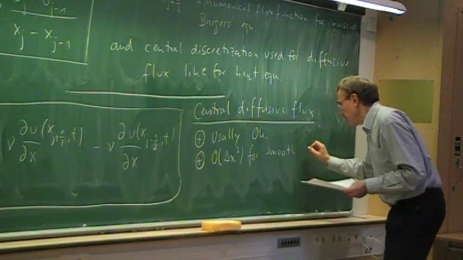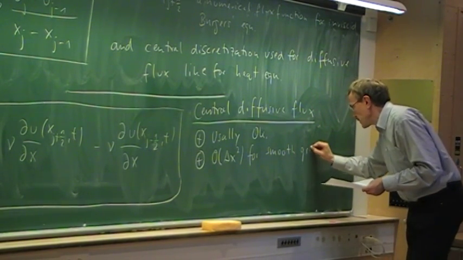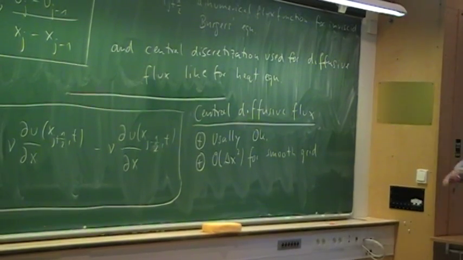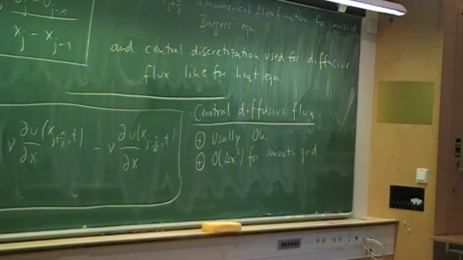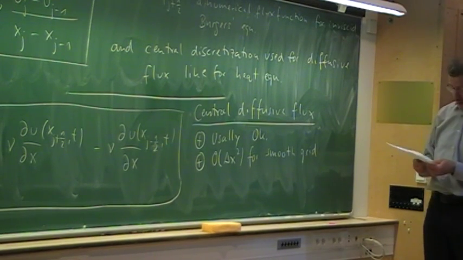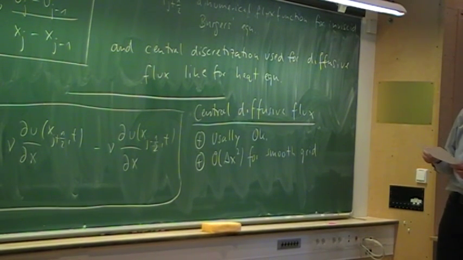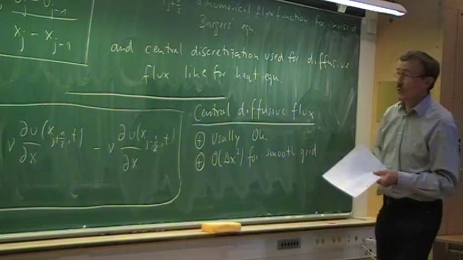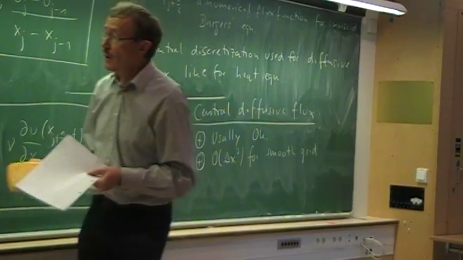For example, if we have an equidistant grid, then we can show that by Taylor expansions. However, the disadvantage is that this method might lose consistency if the grid is non-smooth. So that is a disadvantage of this approximation.